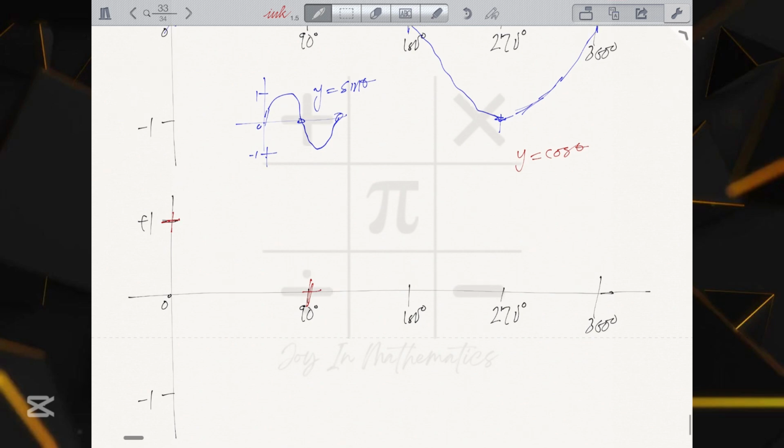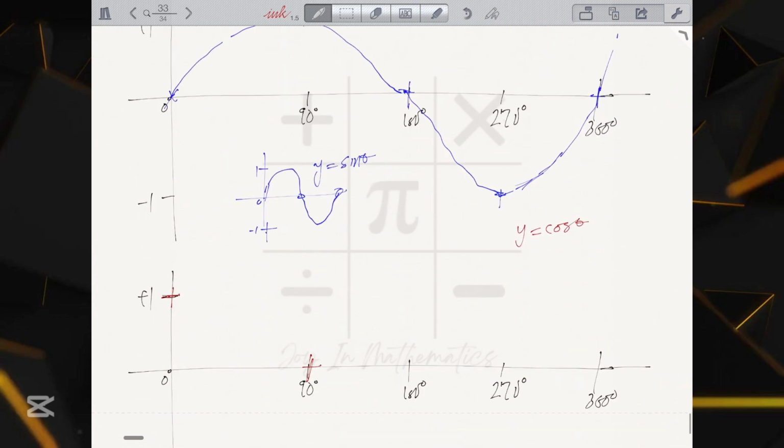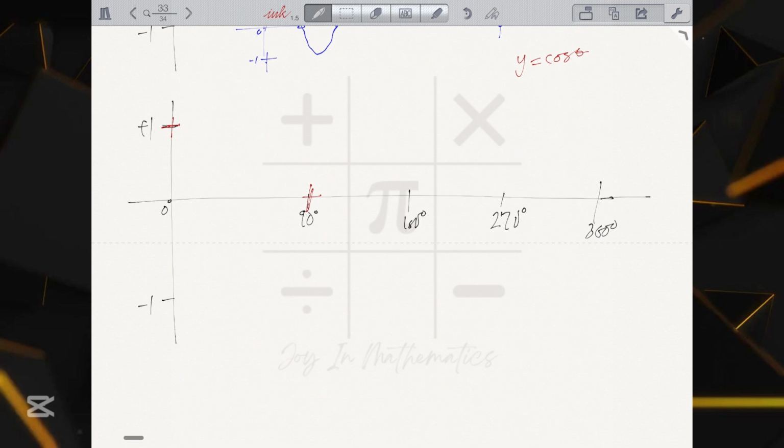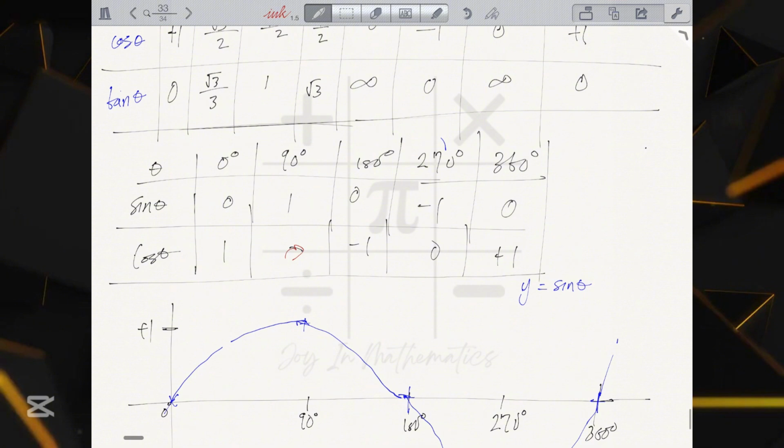When theta is 180 degrees, our cos theta is minus 1, so we can see it comes to minus 1. When theta is 270 degrees, our cos theta is 0. And when theta is 360 degrees, our cos theta is plus 1.